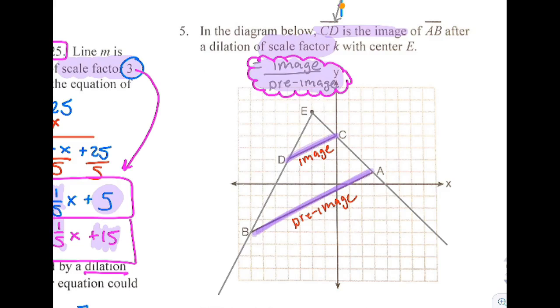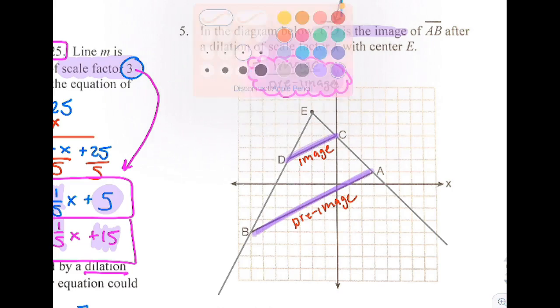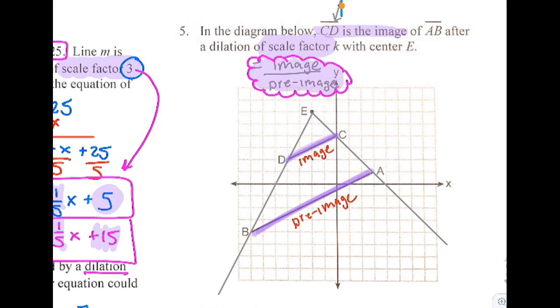So this one got smaller, it shrunk, it got dilated by a fraction of some sort, but it just wants to know the scale factor, and there's no numbers, so you have to use side names. There are 3 different ways you could state the scale factor. You could say image over pre-image, CD over AB, but that's not a choice.